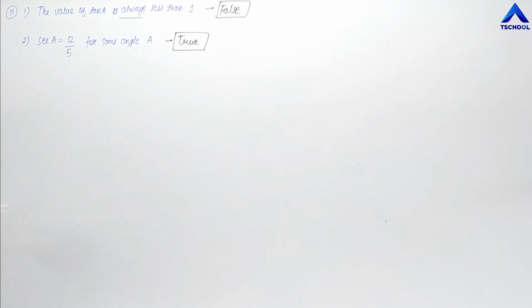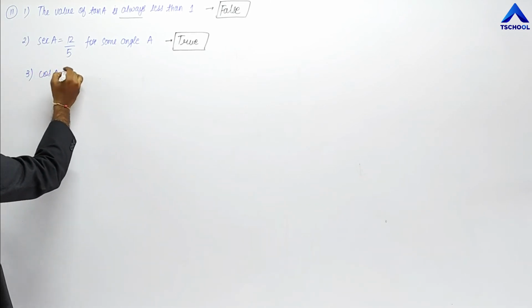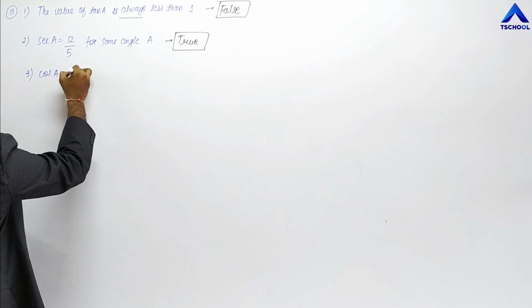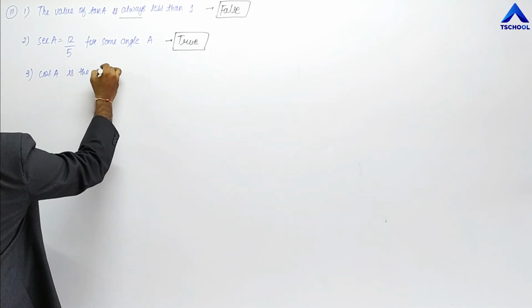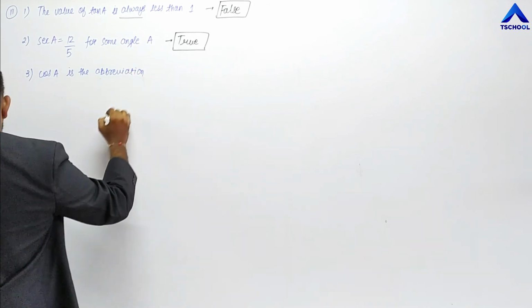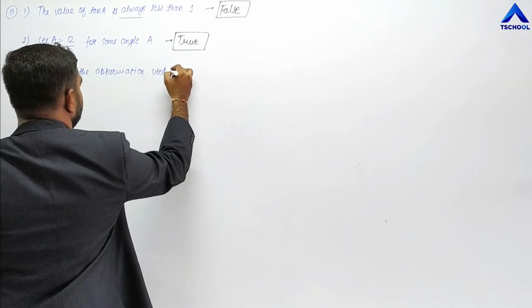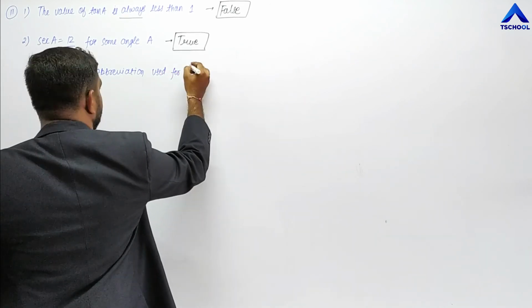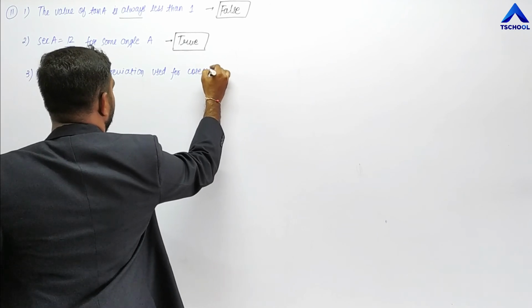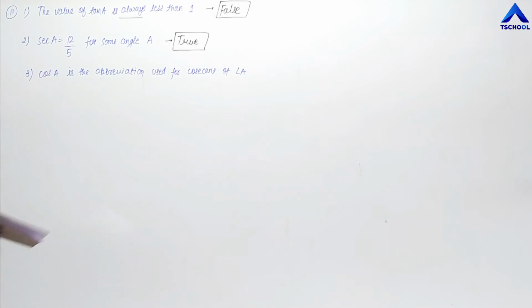See the third one. The third question given is: cos A is the abbreviation used for cosecant of angle A. True or false? False. How?